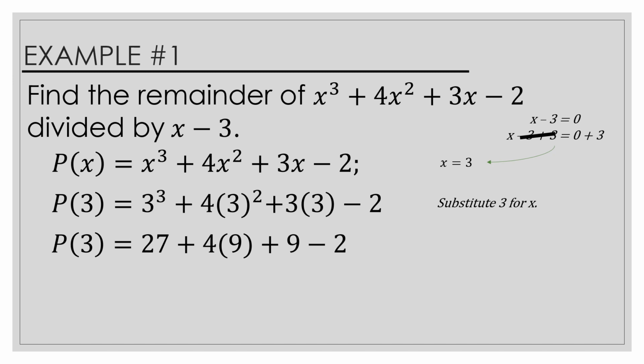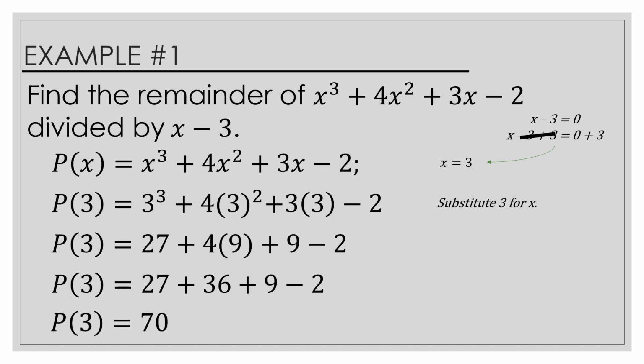Then, p of 3 equals 27 plus 4 times 9 equals 36, plus 9 minus 2. Therefore, p of 3 is equal to 70. The remainder is 70.